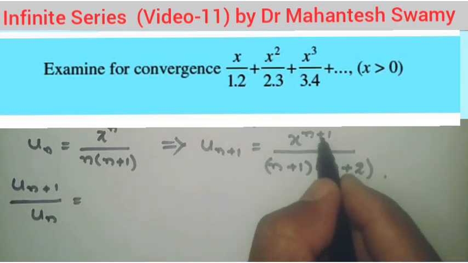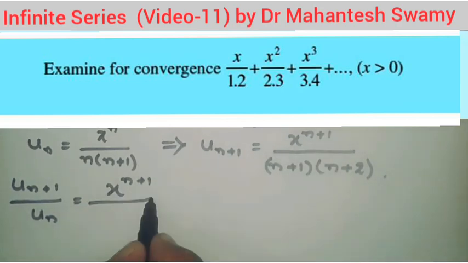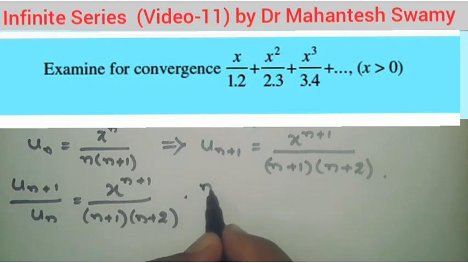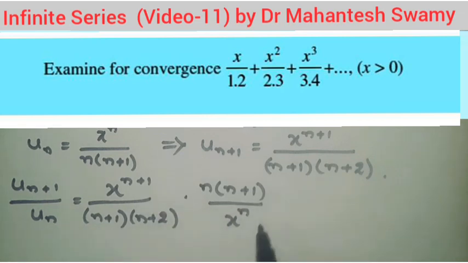Let us write un plus 1 as it is in the numerator, and since we have to write un in the denominator, it is advised to write the reciprocal of un here in the numerator.